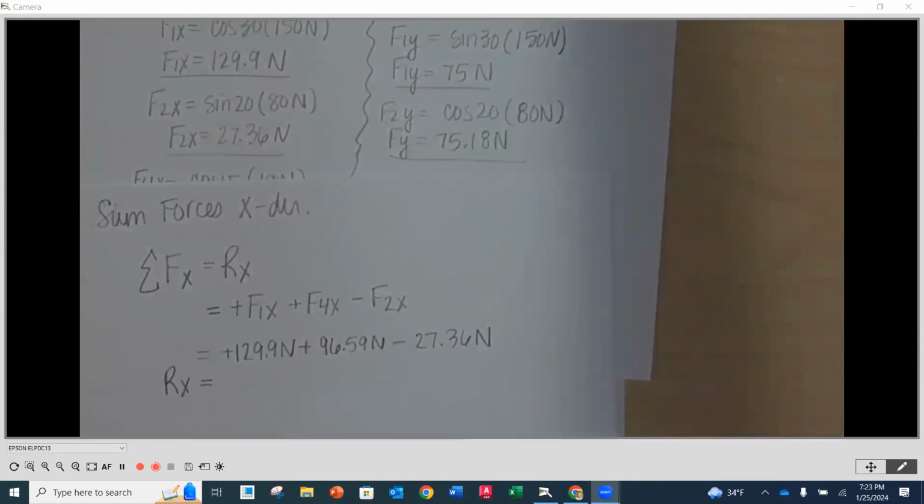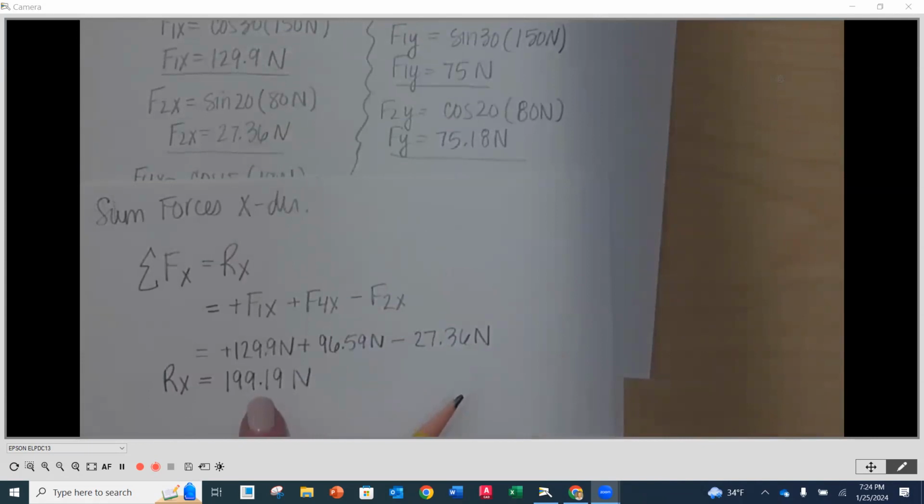do this. I get 199.19 newtons. Now, if we compare to what they got, they just did this in a little bit different format, but ultimately it's the same. You'll notice here that the resultant X component is 199.1.